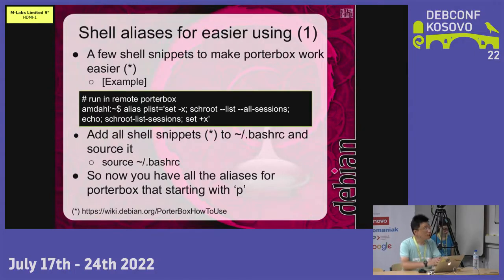Okay, the first experience I want to share is that I use a lot of aliases in the shell, such as this one. I use all kinds of aliases that start with p, meaning porterbox aliases, such as plist, which lists all the chroot sessions on the remote porterbox.